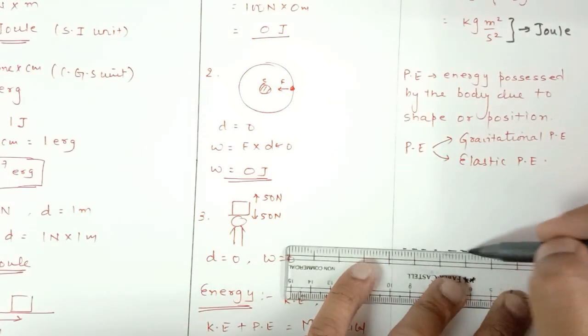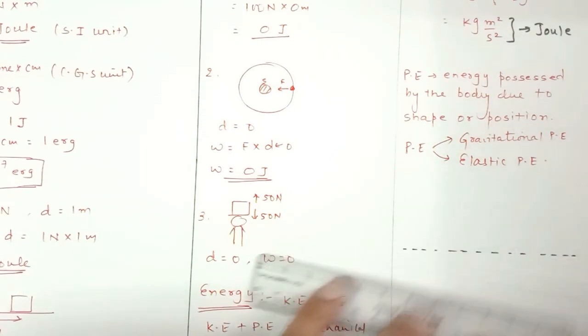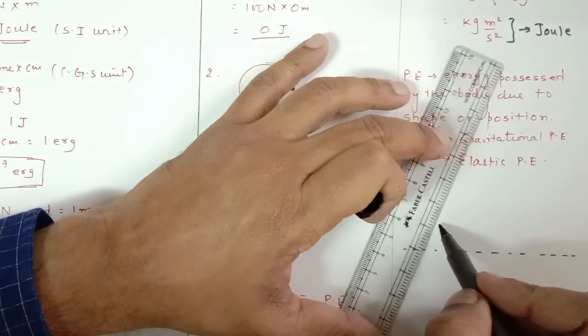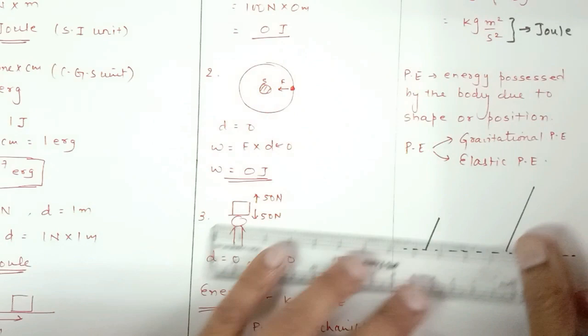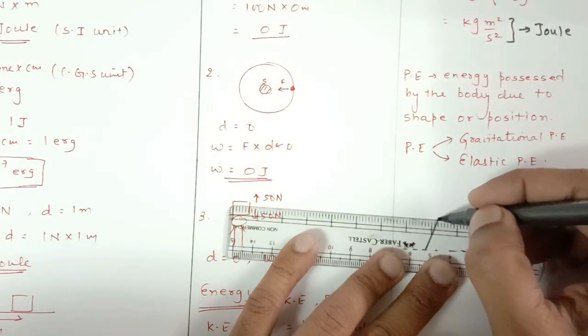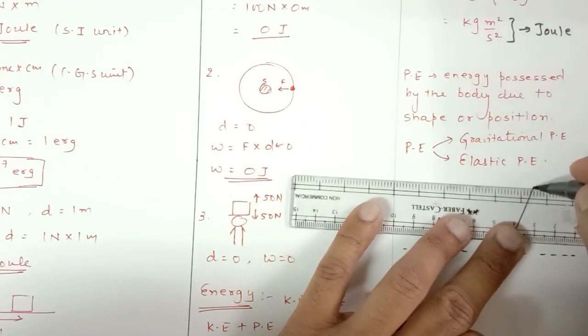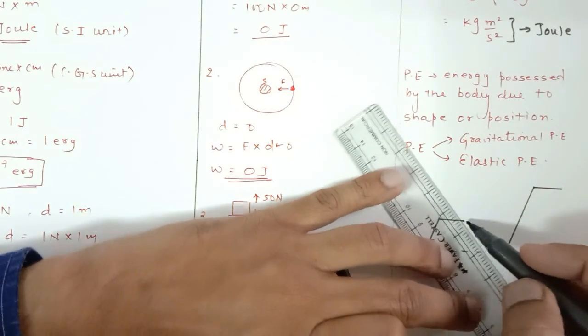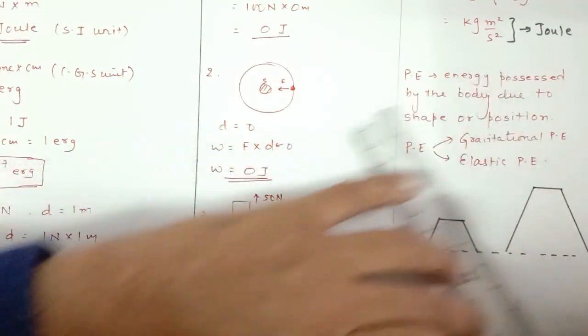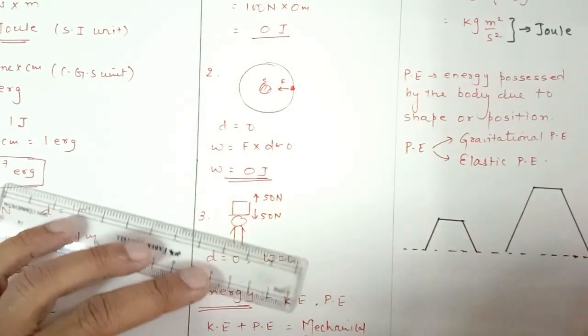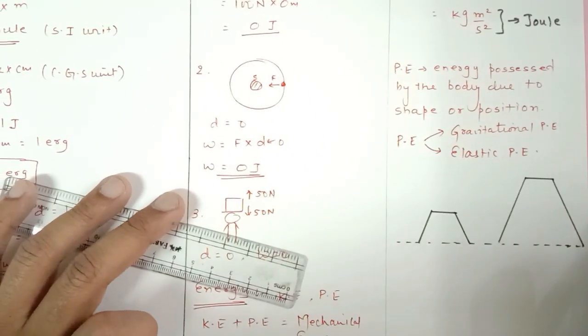Suppose this is a ground and we have two small hills, like this, and two people are standing on the hill.